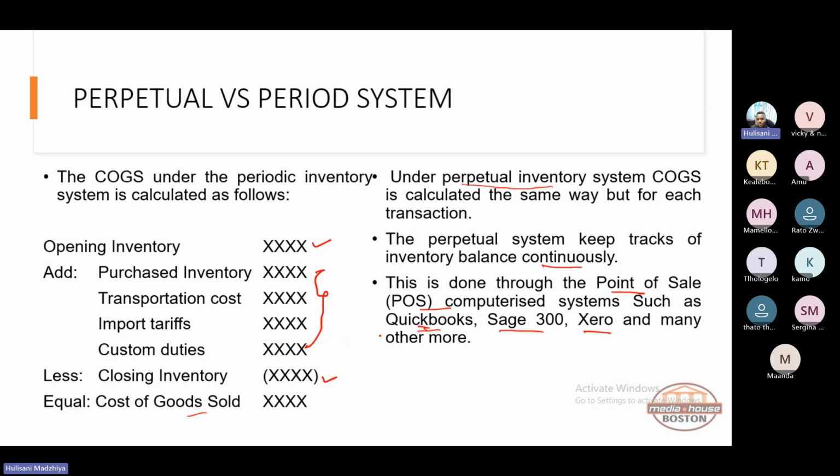In terms of assessment purposes, just note that this one will not be tested in your assessment. I'm teaching you this for learning purposes because this is deeper in terms of accounting. It goes even further where we include your FIFO and weighted average method in adoption of which type of system you're going to adopt.